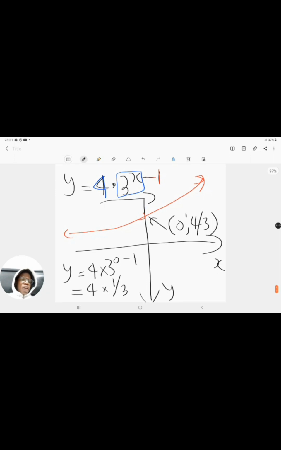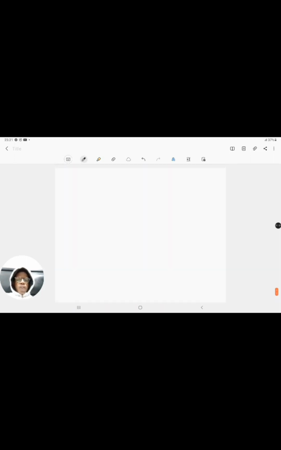Okay, now I want you to note a couple of things with this graph, with this variation. This is the variation that you're looking at, right? Remember, a to the power of x plus d.